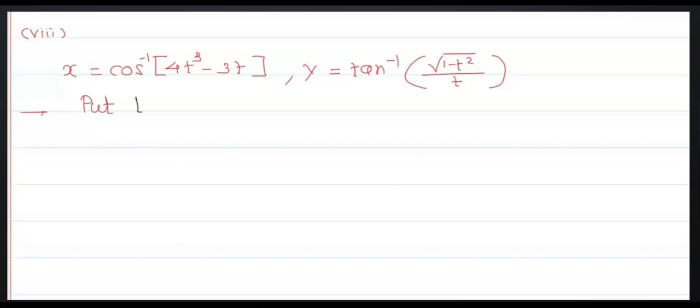Now put here, t is equal to cos theta, that is 4 cos cube theta minus 3 cos theta. Theta is equal to cos inverse of t.